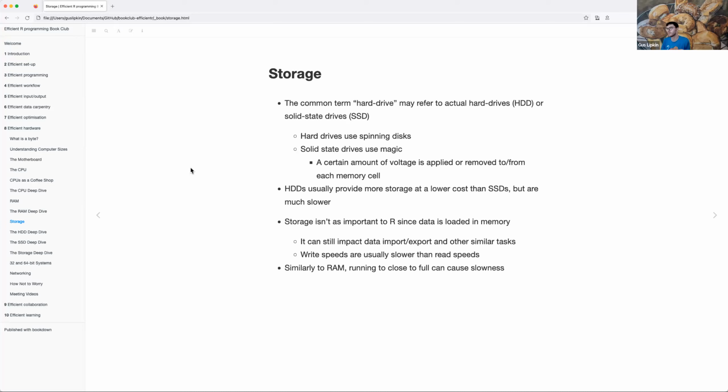So if you're writing out a lot of data for whatever task, then it's something to be aware of. And similarly to RAM, running close to full can cause general slowness because you'll have swap or extra cached data from either your operating system or any random process that will take up and fill that available space.